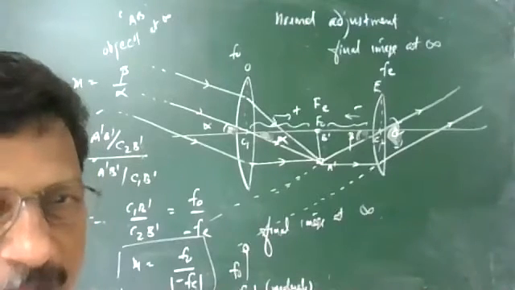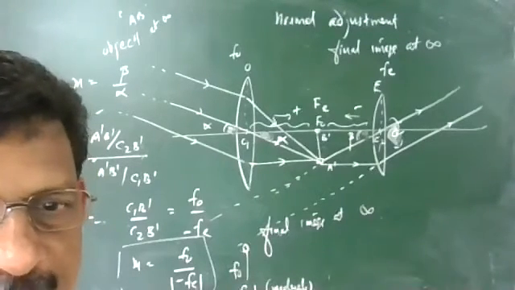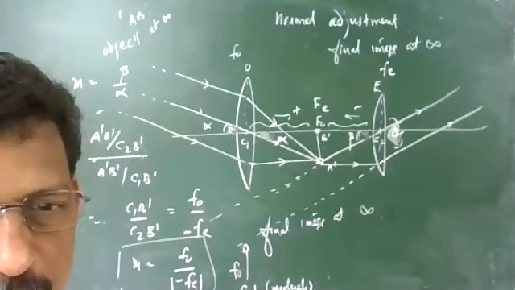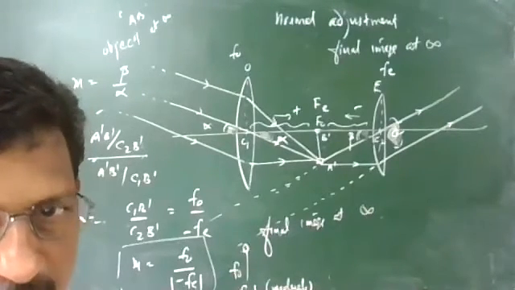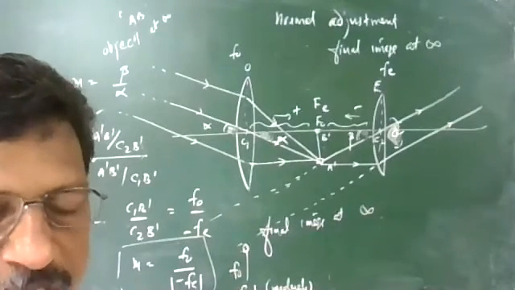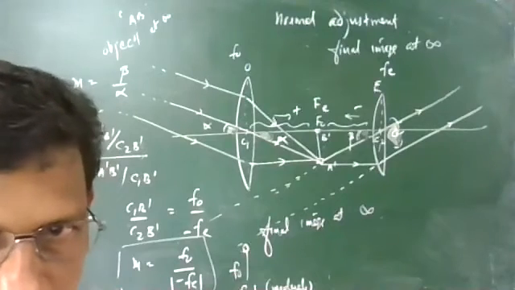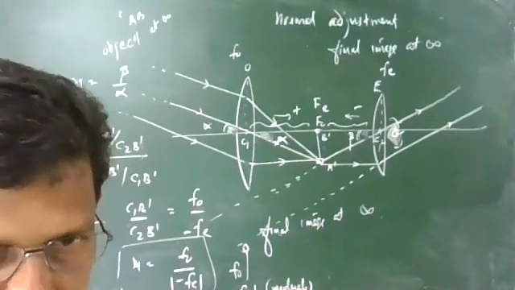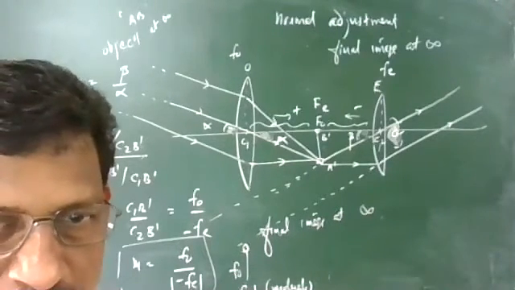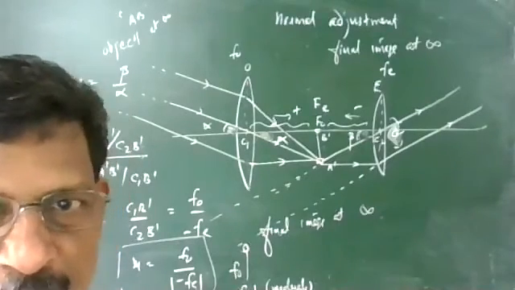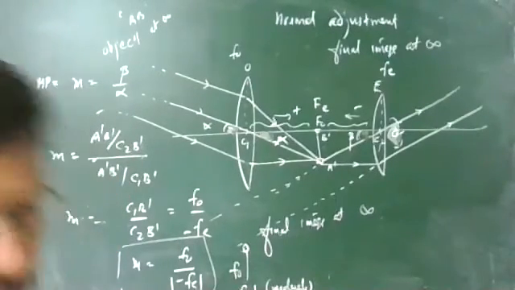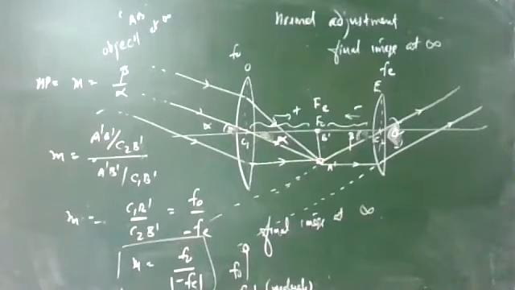So this is the first diagram. In the second diagram, if we want a little more magnification, then the image should be at the least distance of distinct vision. For that, you have to adjust the eye lens. With the same diagram, I will make the arrangement. So next is when the image is formed at the least distance of distinct vision in the case of an astronomical telescope.